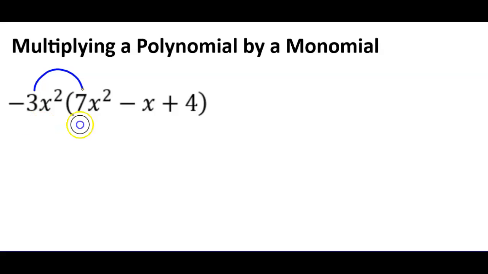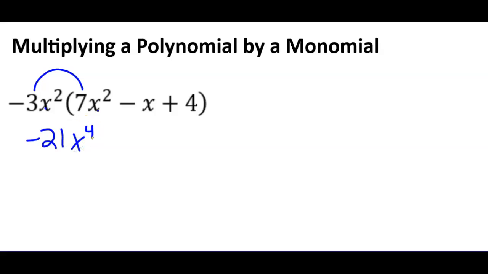So negative 3 times 7 is negative 21. Now I'm multiplying my two x variables. They have the same base. And I'm going to then do what with my exponent? Hopefully you said add. So I'm going to get x to the 4th.